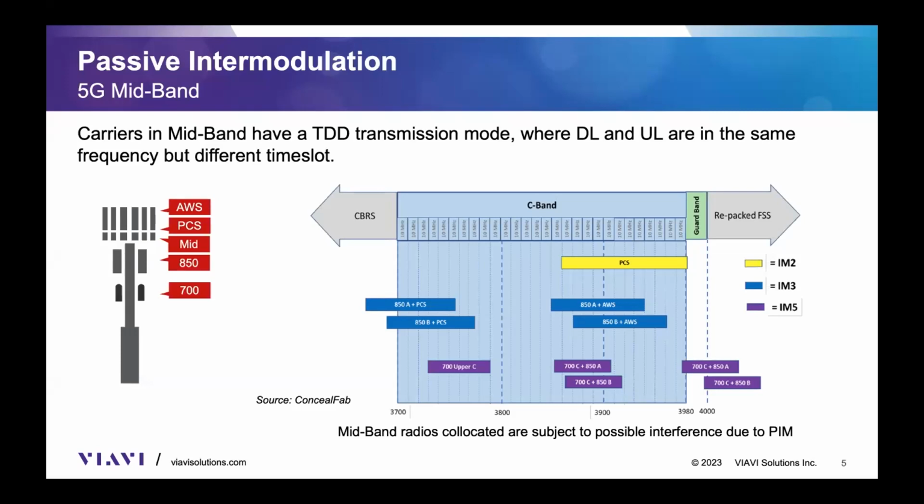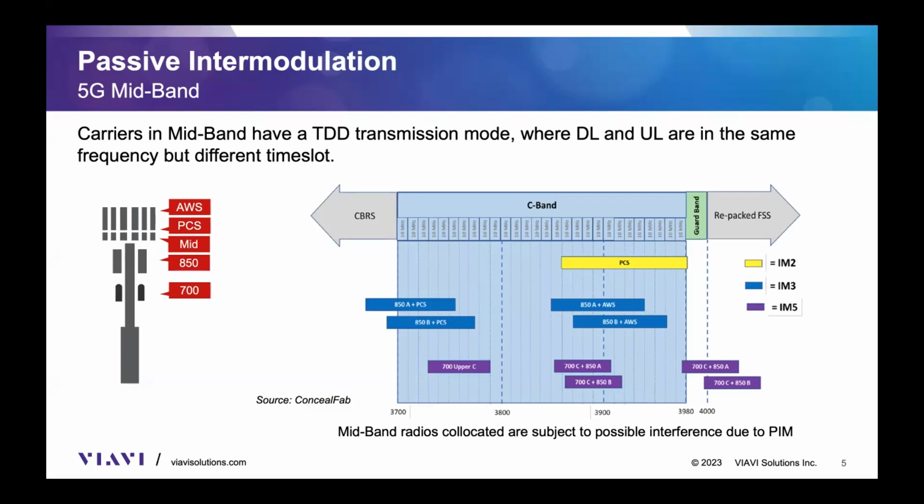And that is so because these other radios happen to be in low band, and low band is basically FDD carriers. So all the downlink is being transmitted all the time in one specific frequency because the uplink is in a different frequency. Therefore, if I have a PIM problem on the low band, it's going to affect the entire time, and those products are going to land in my C-band.